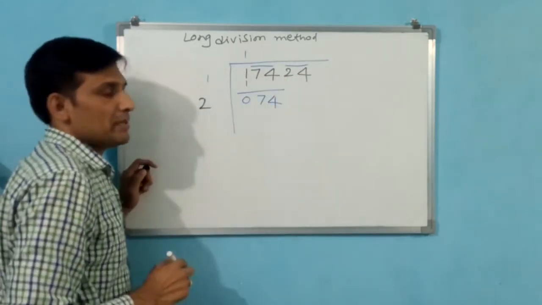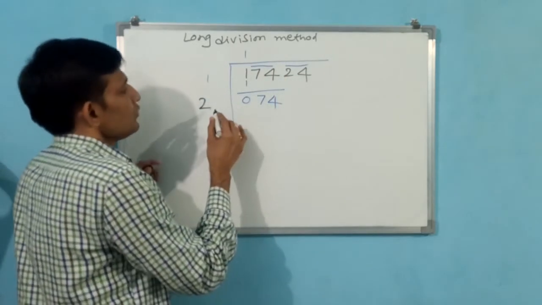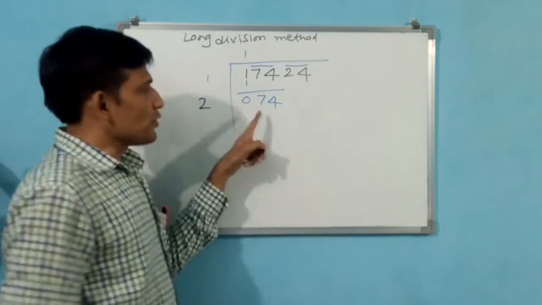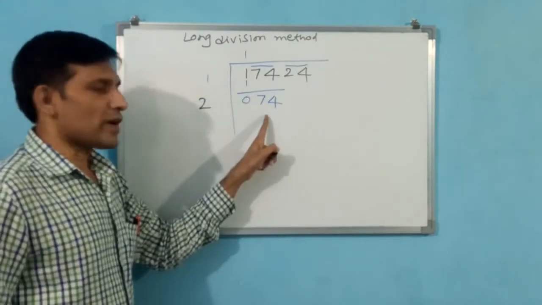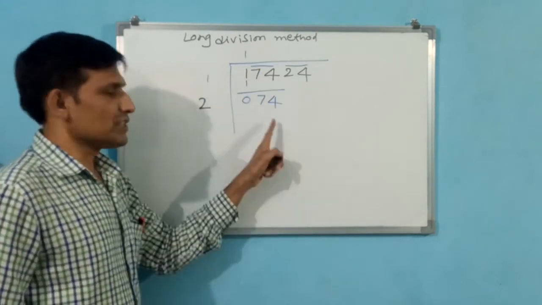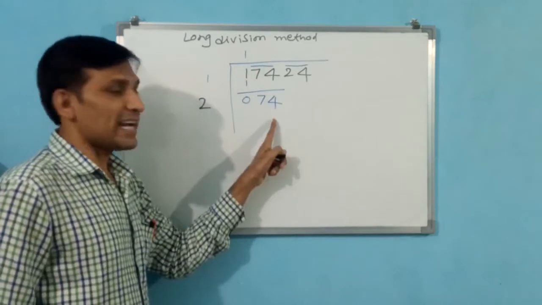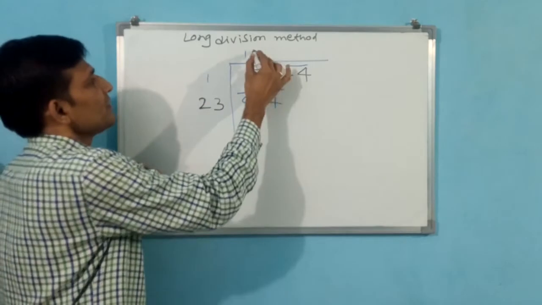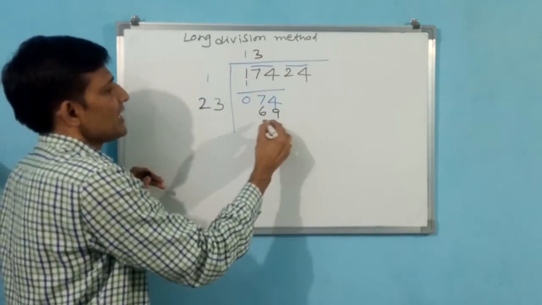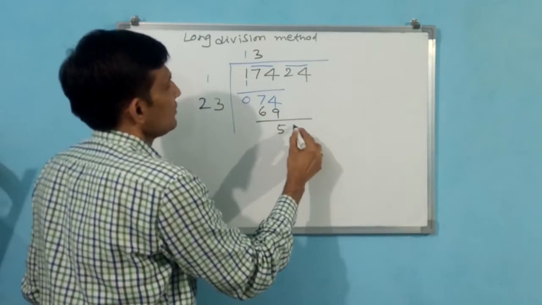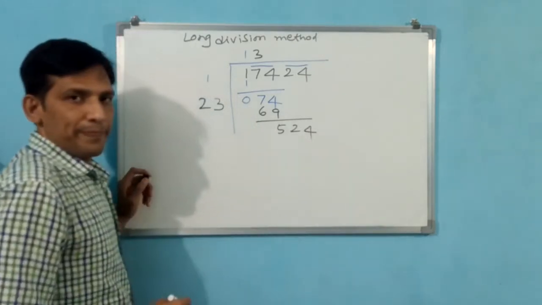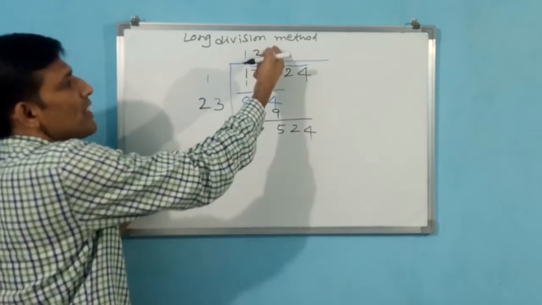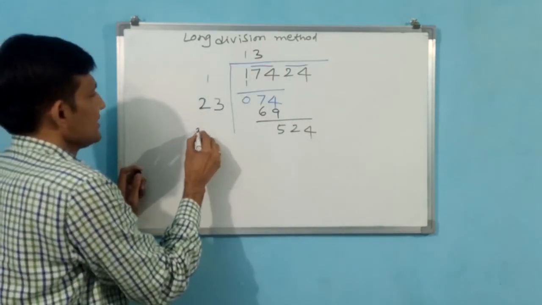Like that you have to multiply. 21 into 1, 22 into 2, 44, 23 into 3, 69, 24 into 4, 96. 96 is bigger. Then you go for 23 into 3, 69. 5, 2, 4. Okay. Again you double this 13, 26.